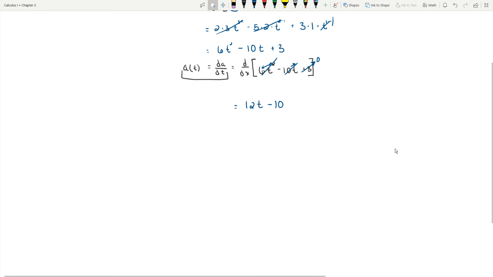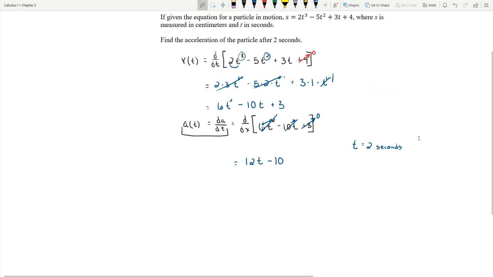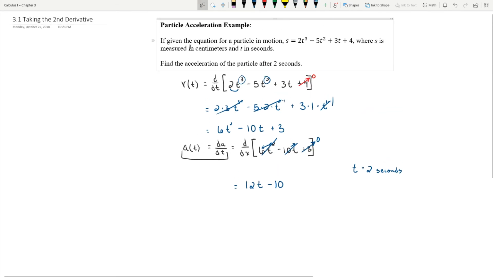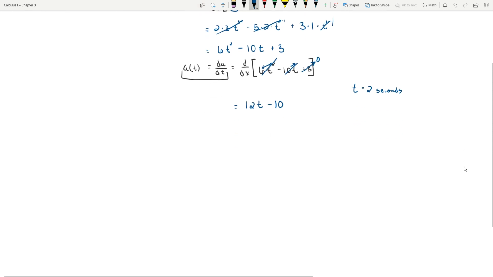And they asked us to find the acceleration of the function at t equals 2 seconds. And there was another unit of measuring here: the motion is measured in centimeters.